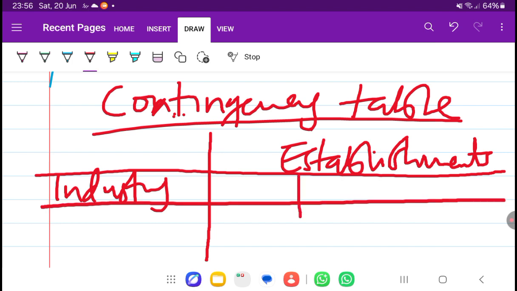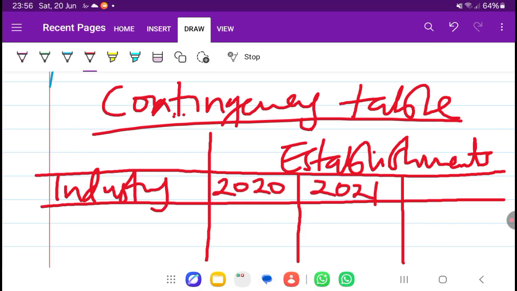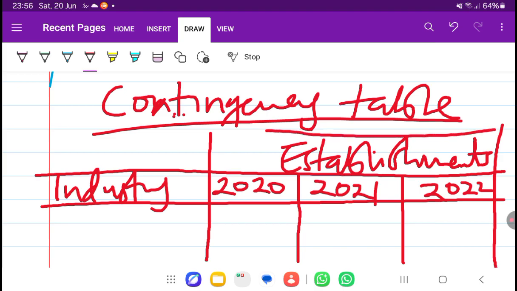Maybe within here we have different years. Establishments. Maybe this is 2020, maybe this is 2021, 2022. Such distributions.